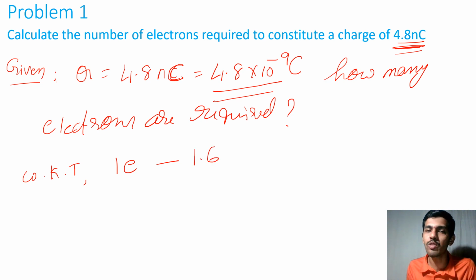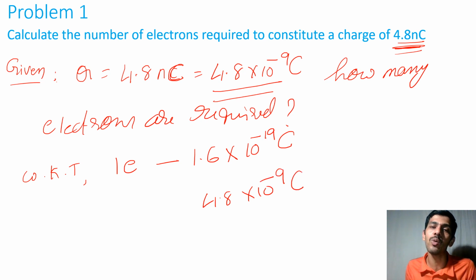Actually it is minus, we neglect that minus for the time being. Then the asked charge is 4.8 into 10 to the power of minus 9 coulombs. For forming that much charge, how many such electrons are required?